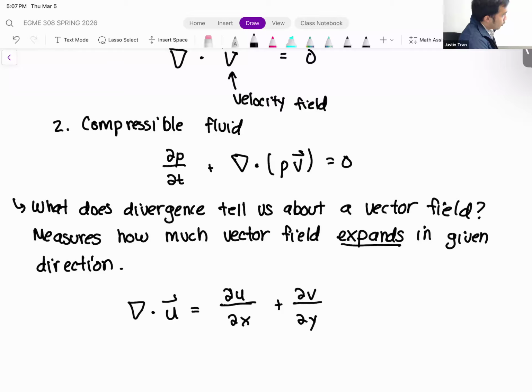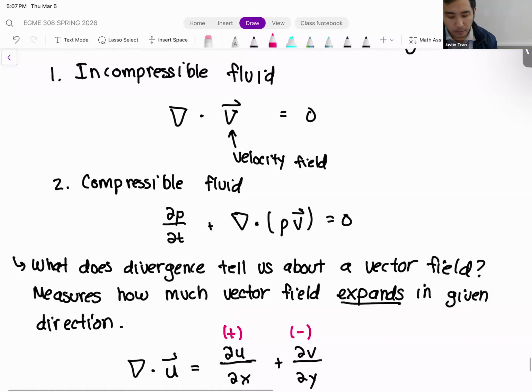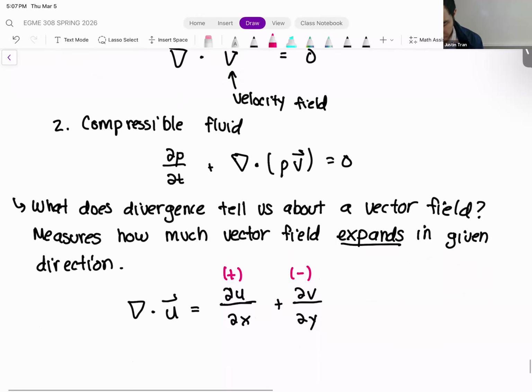Let's look at a situation where one of these terms is positive and the other term is negative. Let's say that the partial derivative of u with respect to x is positive, and the partial derivative of v with respect to y is negative. Because we know from above that for a mass-conserving fluid, the divergence of the velocity field must be 0.